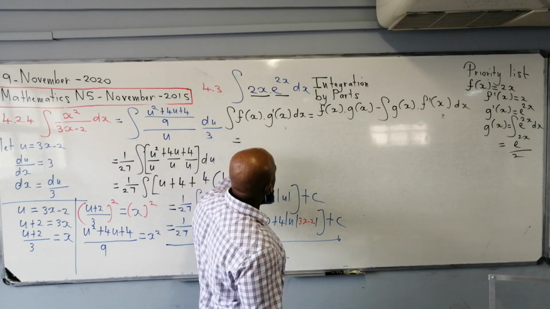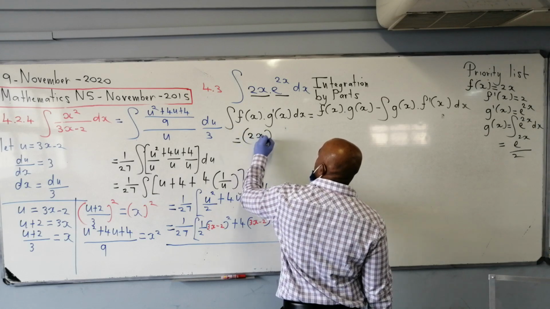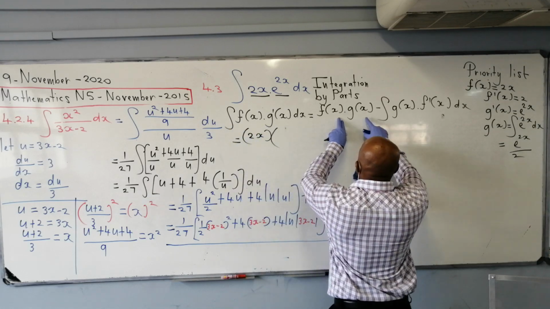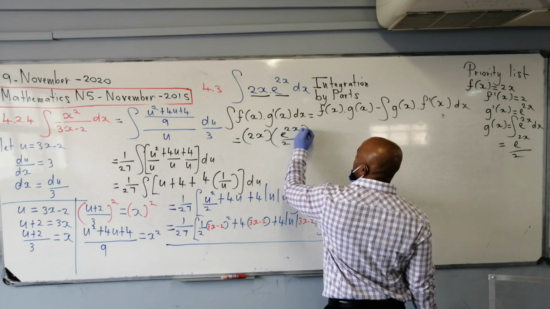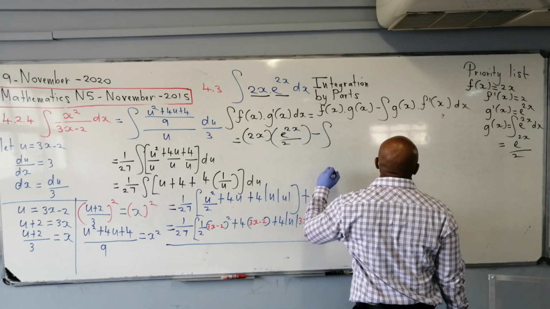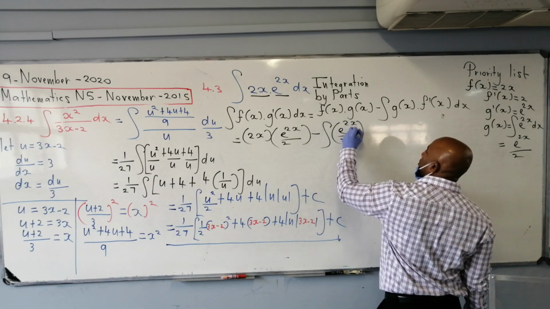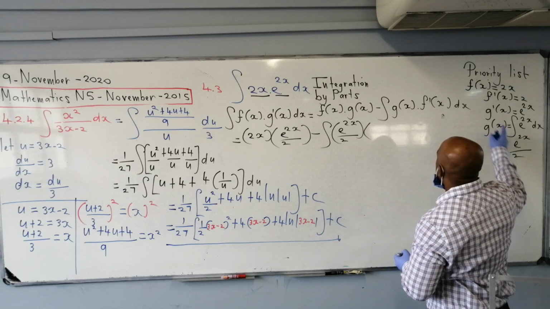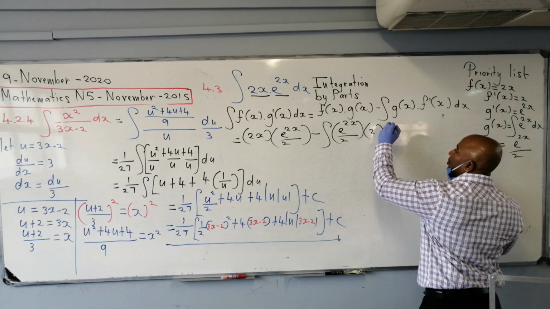So now, this is equal to f of x, which is 2x, g of x, which is e to the power 2x over 2, minus the integral of g of x, which is e to the power 2x over 2, and f prime x is 2.